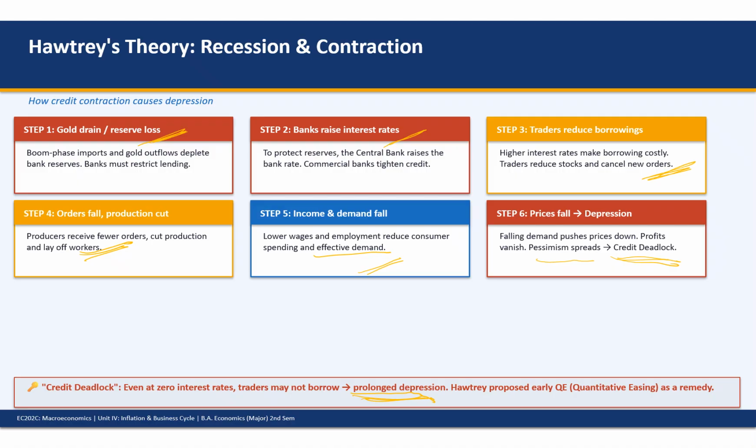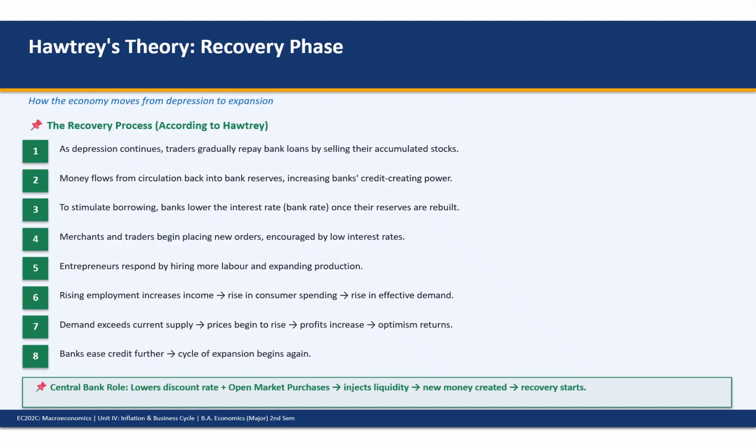So, in one simple line, the whole idea can be summarized as: reserve loss leads to tighter credit, reduced borrowing leads to lower orders and production, and the fall in income and demand finally pushes the economy into depression.